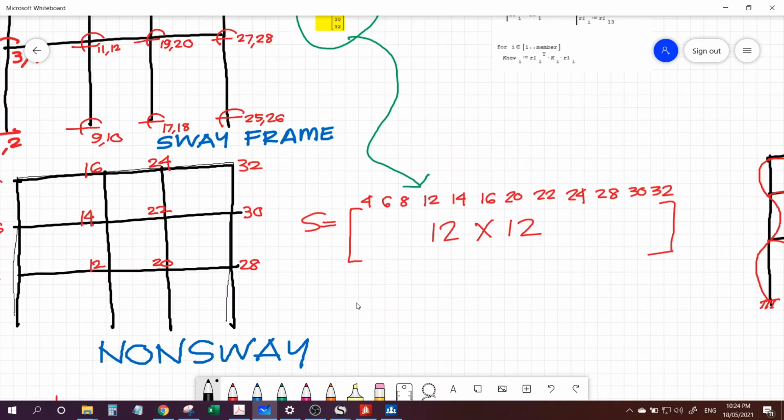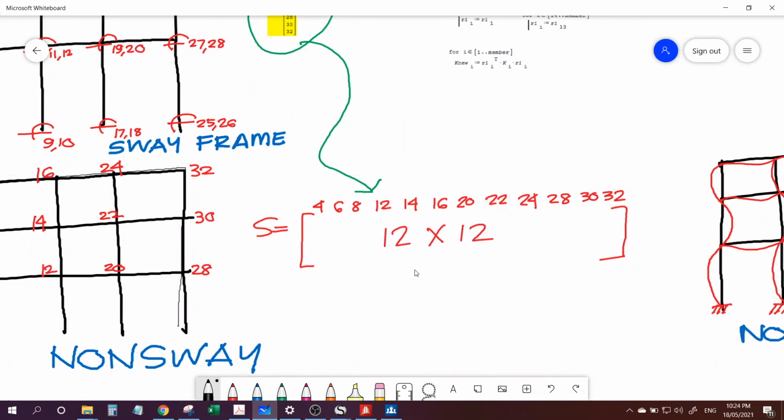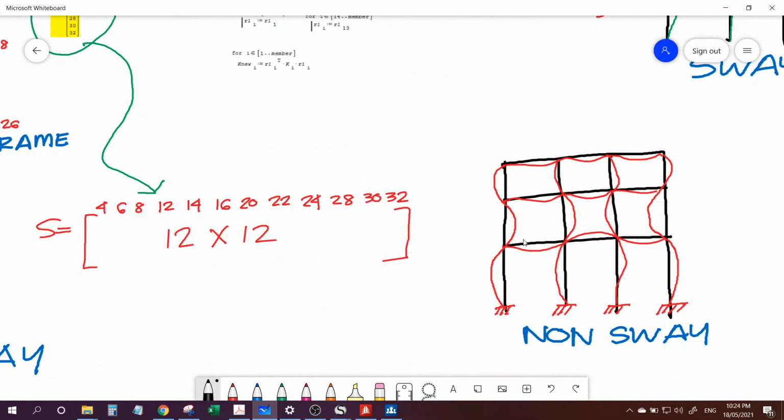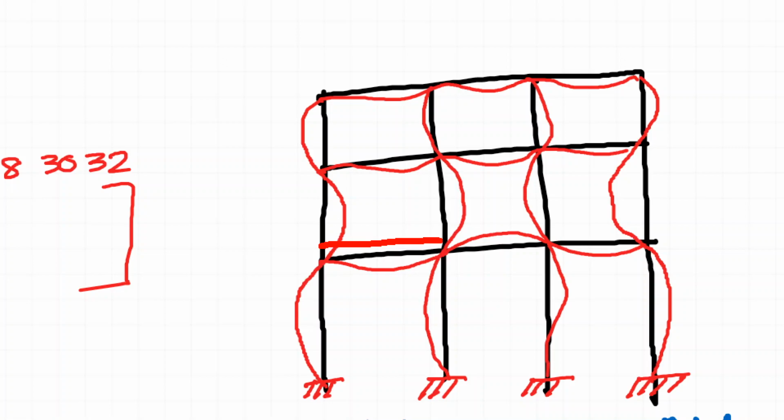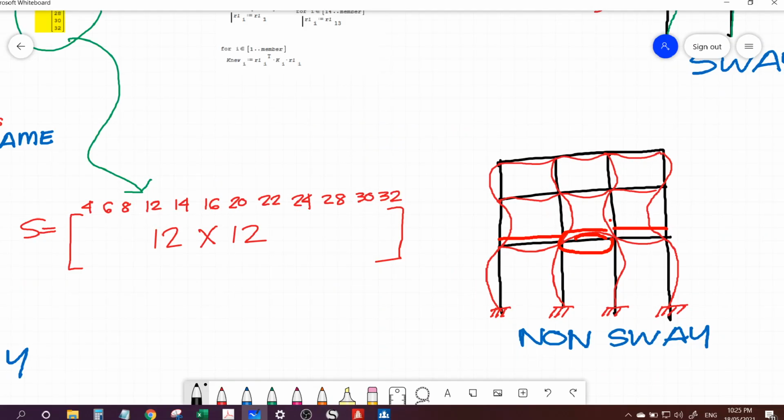Therefore, our S matrix is 12 by 12, and these are the corresponding codes for that. And our expected elastic curve is something like this. I just made it exaggerated, since the load is applied here, so this span will curve like that.